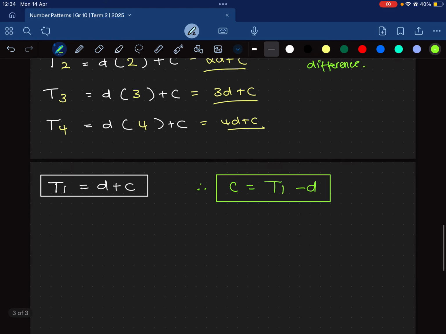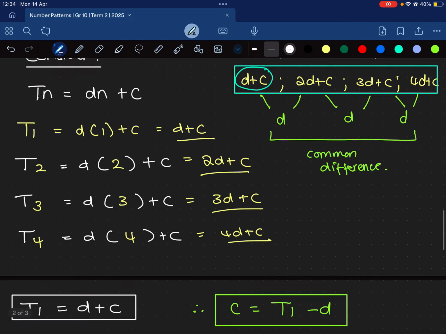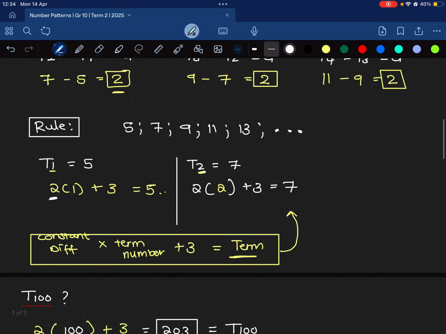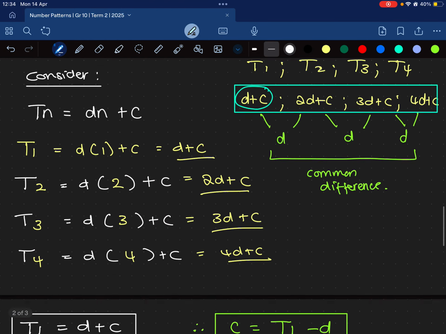Okay, but let's tackle an example together. It's going to be example 2. But there are going to be certain questions that I'm going to ask you to pause and do yourself.